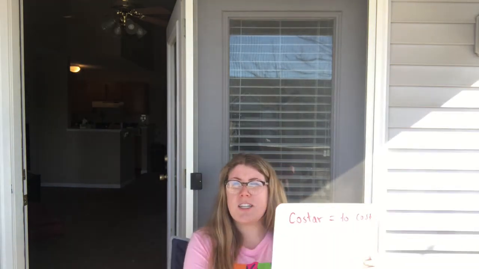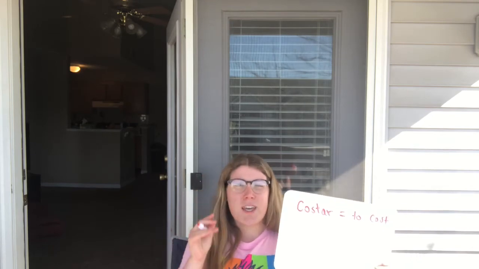So costar equals to cost. Then when you conjugate it, you're basically just going to use the él, ella, usted form and the ellos, ellas, ustedes form. Because you're not going to say I cost, you cost. Doesn't really come up. You're going to say it costs.